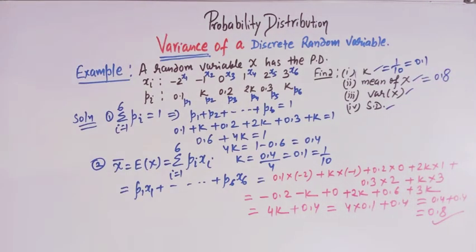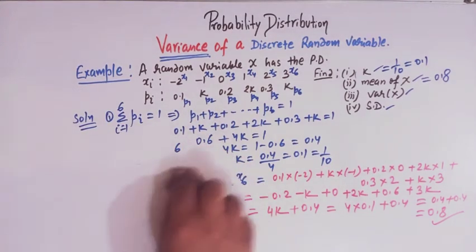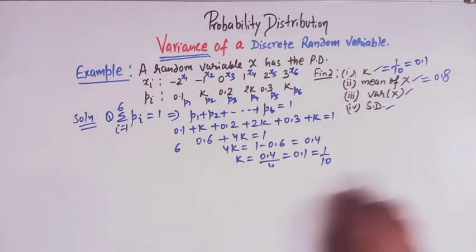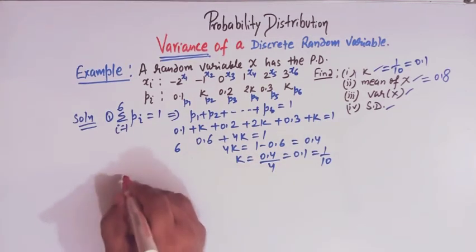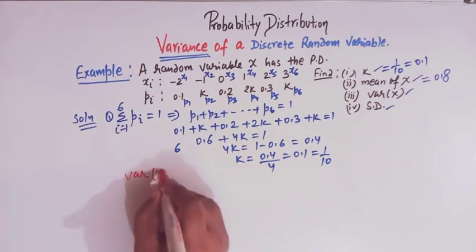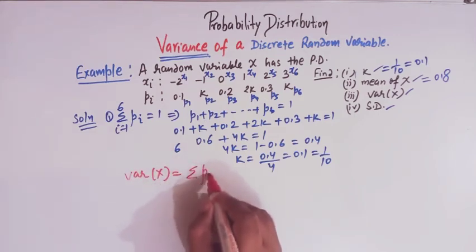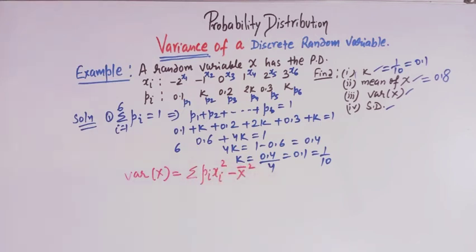Okay, now we have to find the variance of x. So in our discussion, which we have concluded just now, the variance of x is defined as sigma pi xi square minus x bar square, right?